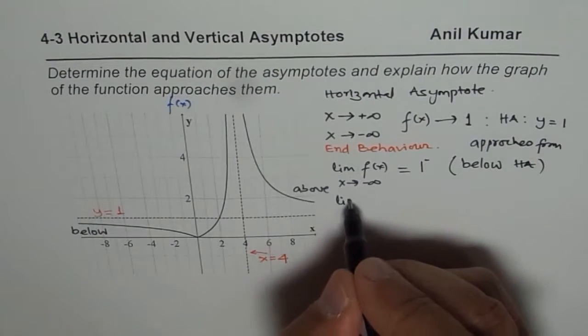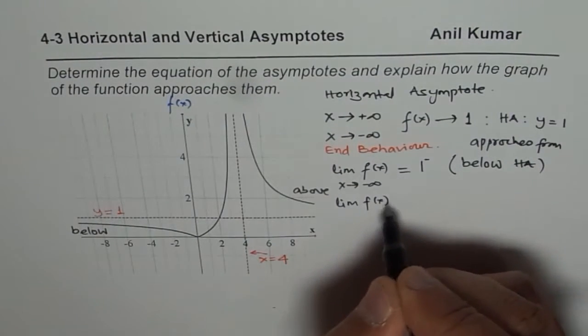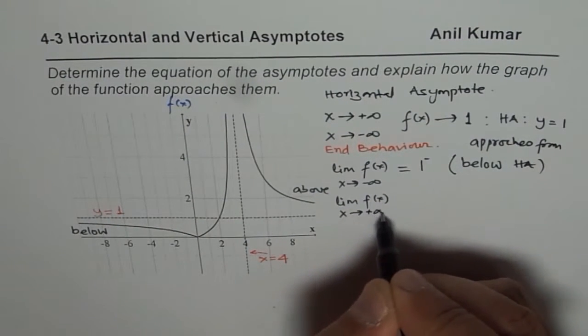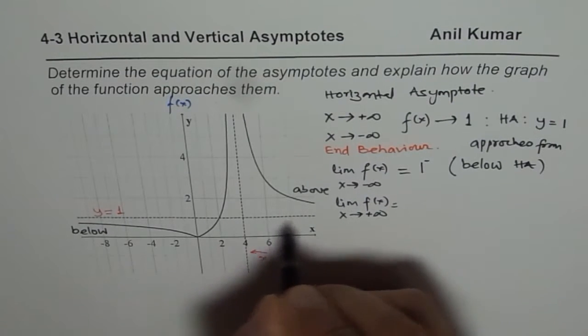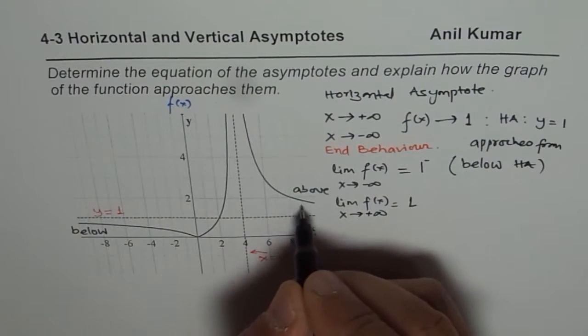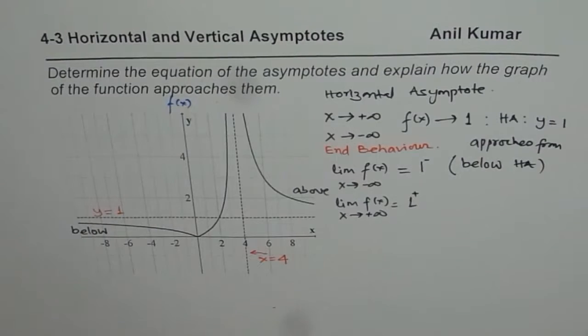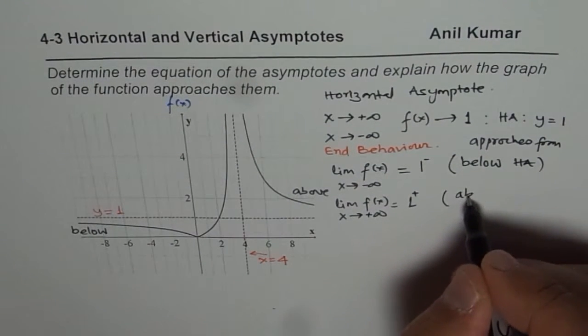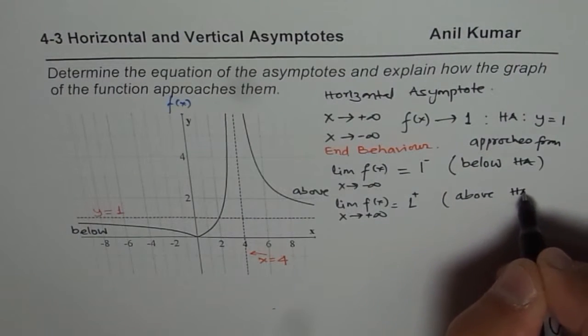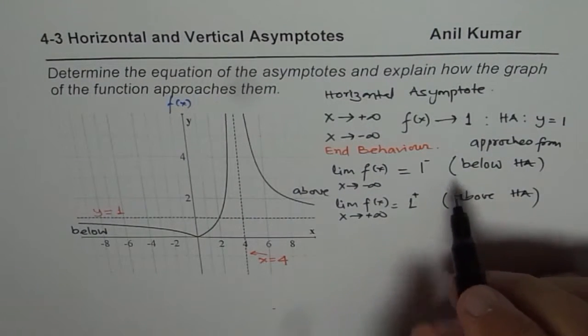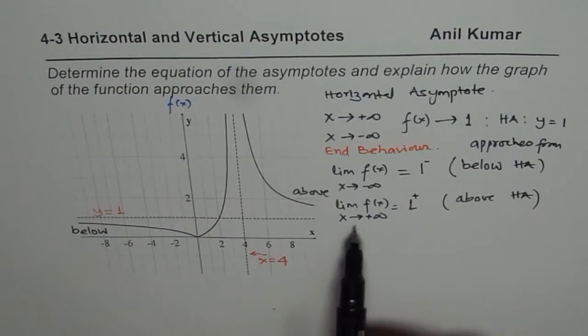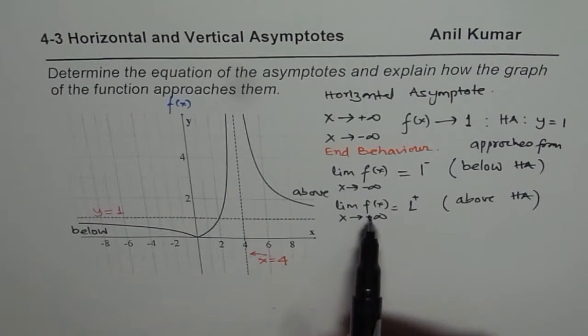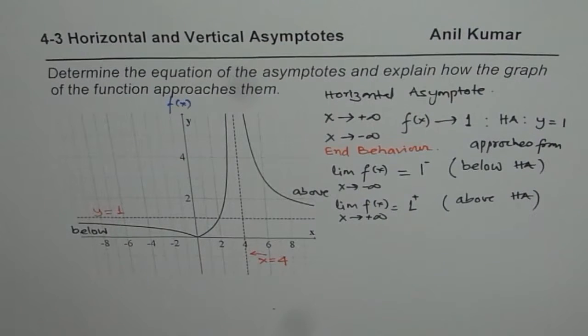Now, the limit of the function f of x as x approaches positive infinity is also 1, but it is approaching from above, so we can write this plus. So it is slightly more than 1, so it approaches from above the horizontal asymptote, right? So that is another way of describing the graph. Once you know this description, you can actually sketch a very accurate graph. So this is very important to understand.